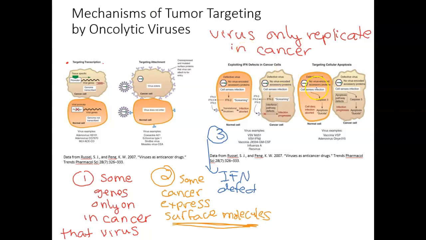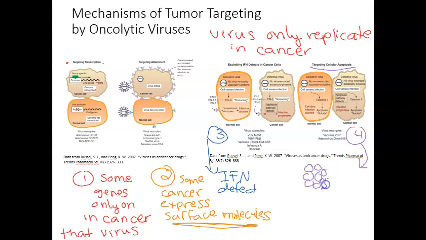And the last mechanism is timing of cell death. This one is a little counterintuitive. All right, this one sounds a little odd. But, okay, so you've got a viral infection with lots of different cells, right?